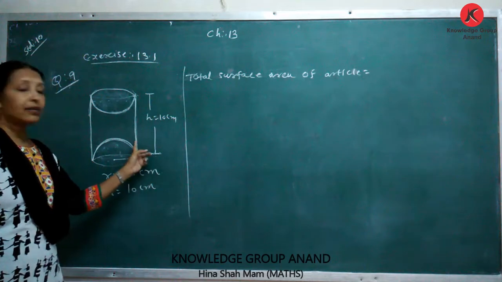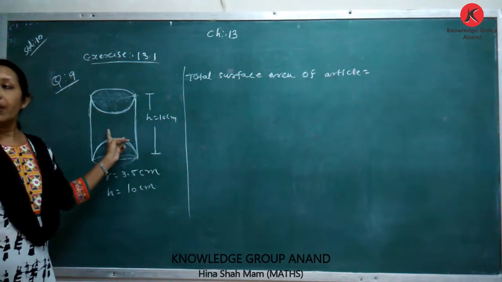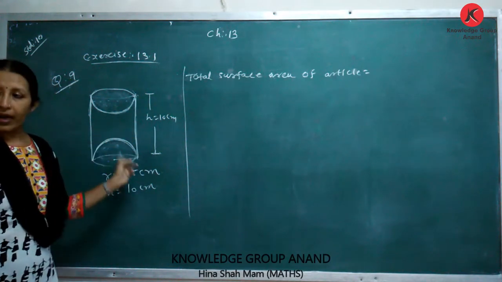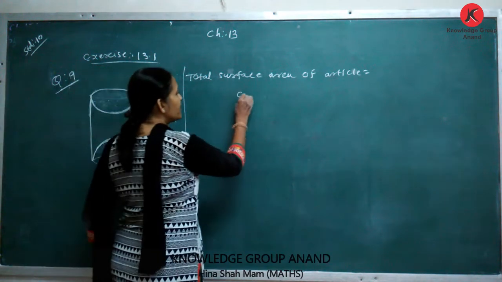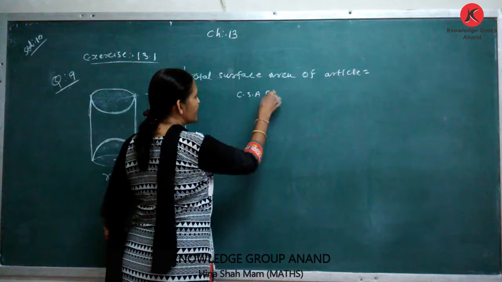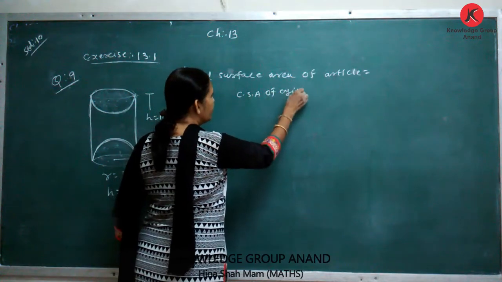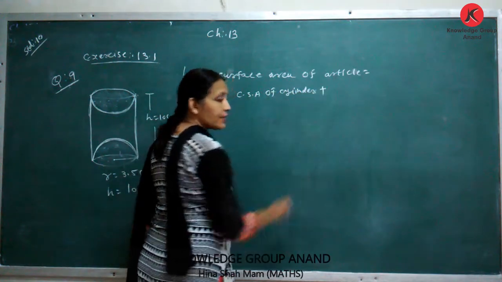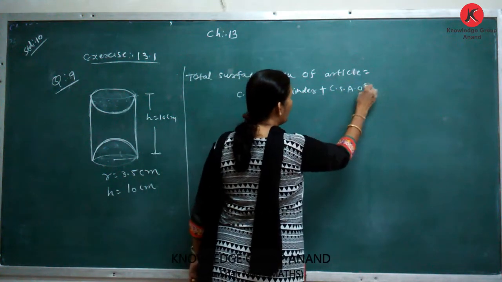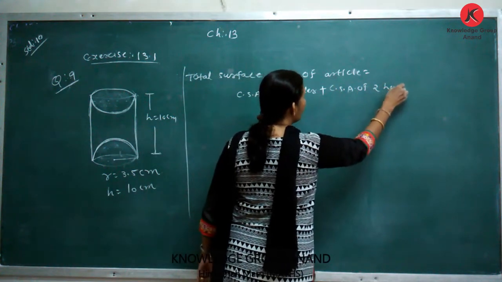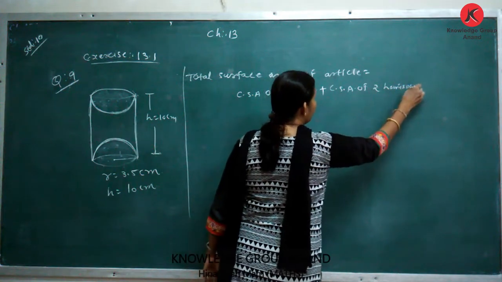Yes, cylinder and two hemispheres. Then we write curved surface area of cylinder plus curved surface area of two hemispheres.